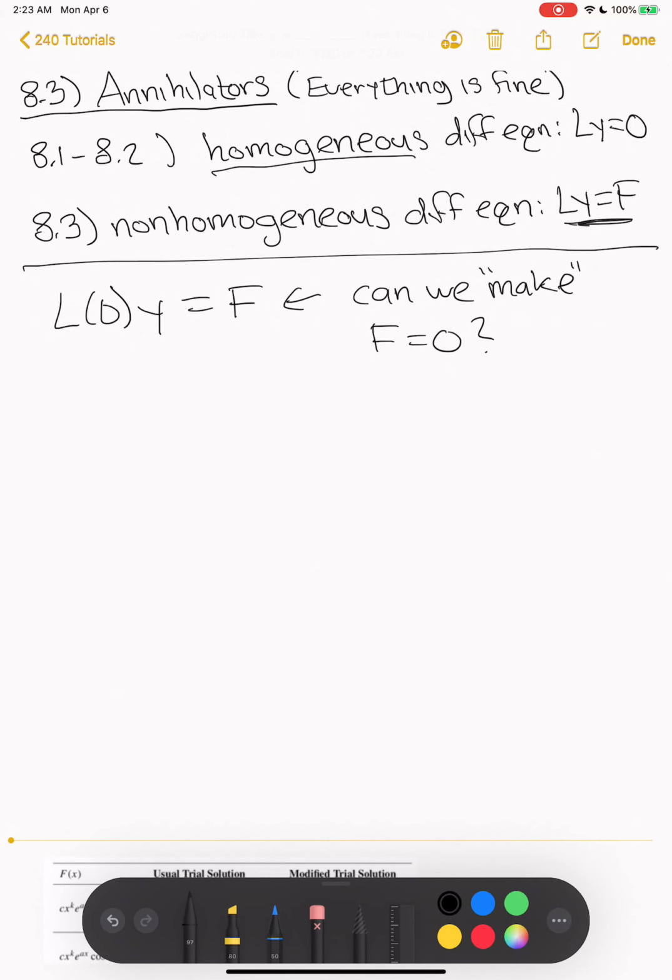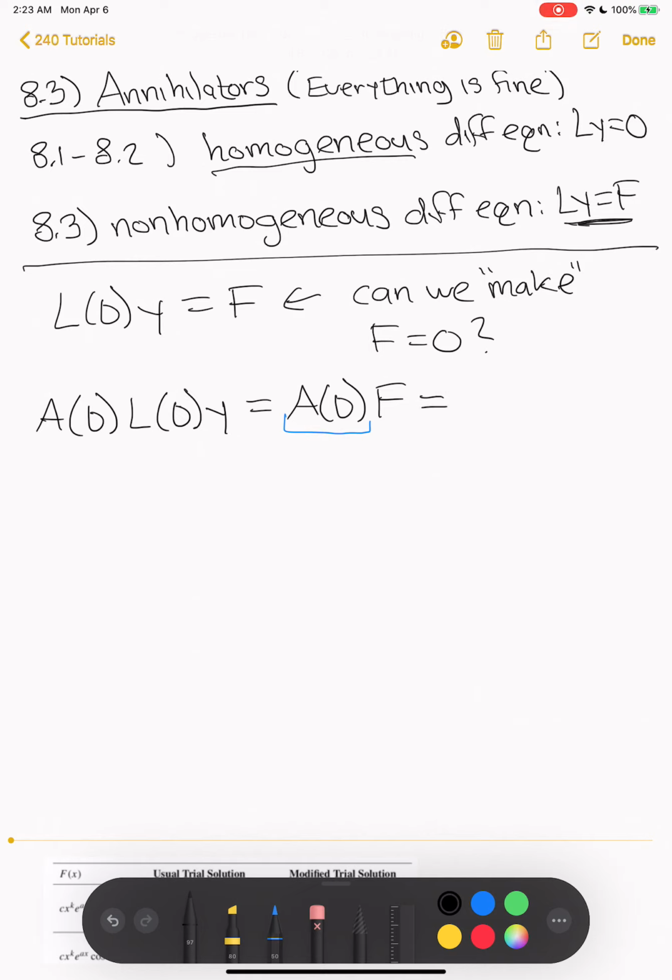So what if I go ahead and just apply something to both sides? This thing, A of D. So it's a differential operator just like L. And then we define A of D to mean the very operator that we use on f to get 0.